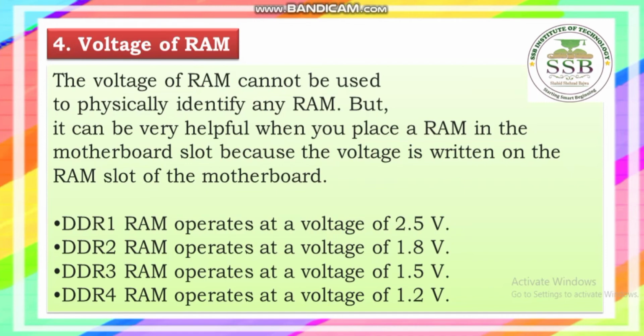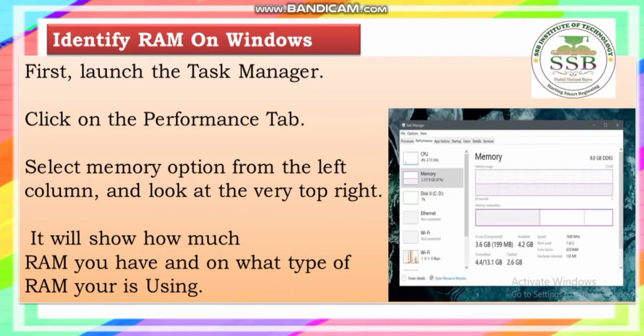So that is another way of identification. Below I have given the voltage of each DDR RAM 1, 2, 3, 4: 2.5, 1.8, 1.5 and 1.2 volts. So this is another way to identify the RAM.